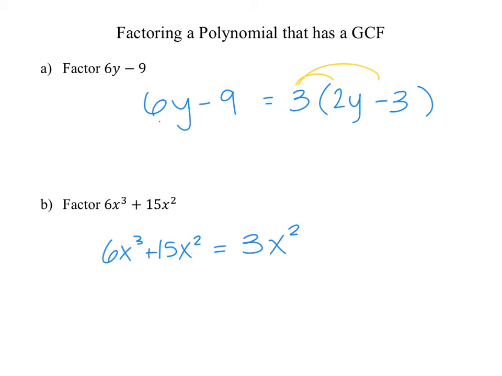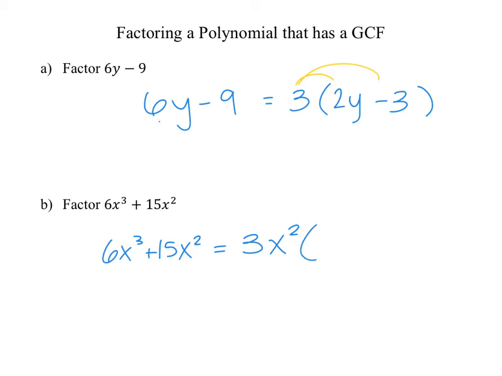So you could do the whole thing that we did in the last page, which was to write out all the factors and then find out what they have in common. But the more you do it, the easier it'll be for you to just know it in your brain, right? So 6 and 15, their GCF is 3. X cubed and x squared, their GCF is x squared because they both have at least 2 x's.